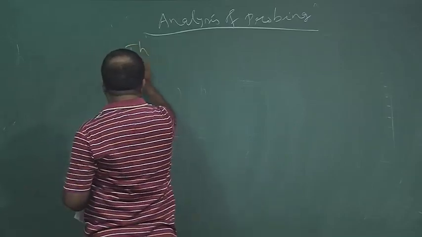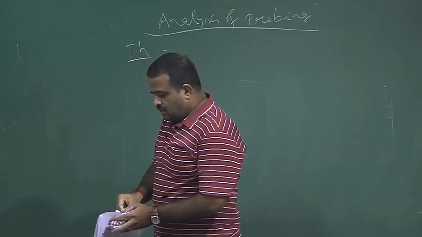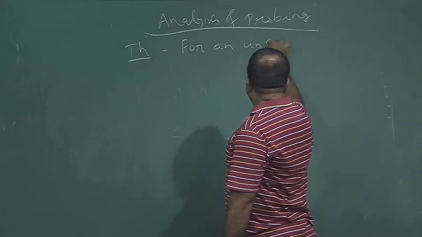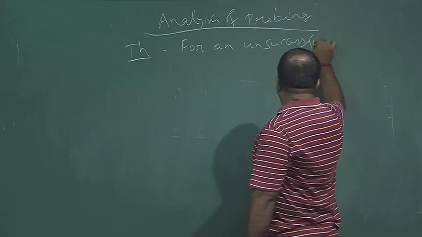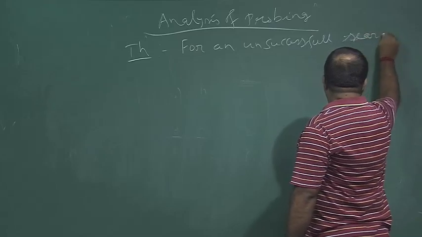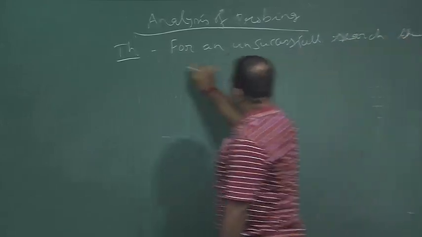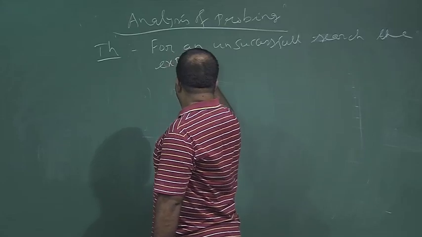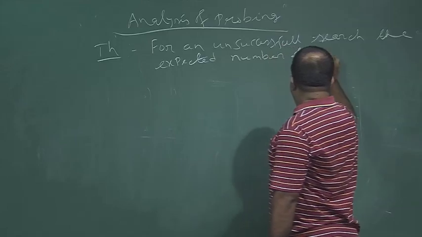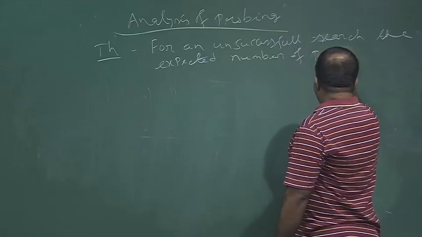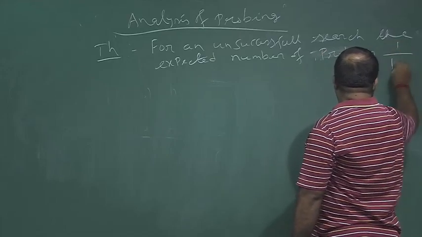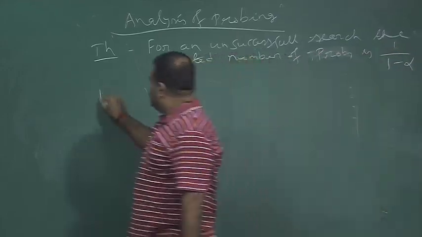There is a theorem telling us that for an unsuccessful search, the expected number of probes is 1 by alpha. So how to prove that?